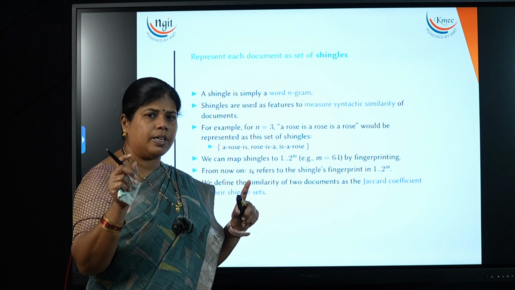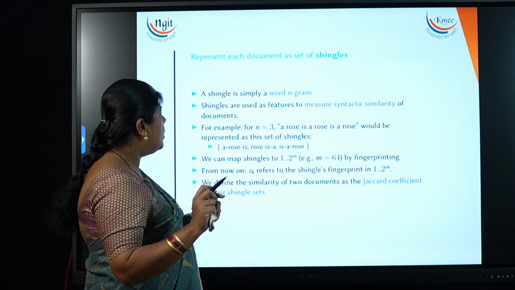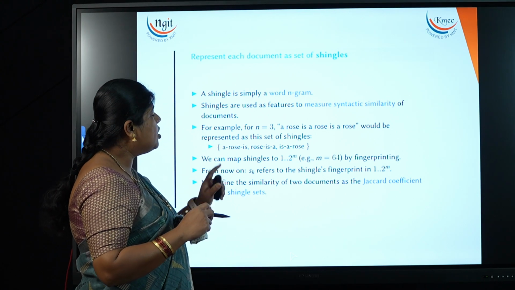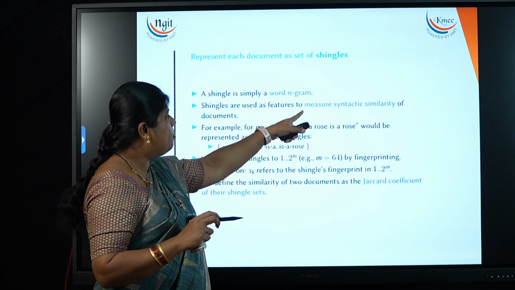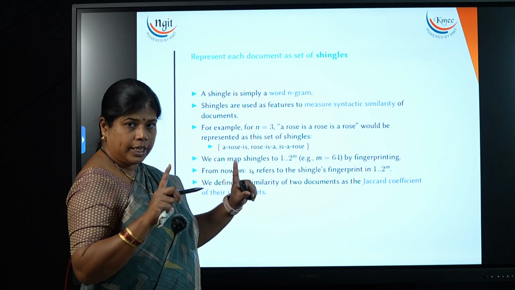If it contains one word, it is a unigram; two words, a bigram, which we have seen. Shingles are used as features to measure the syntactic similarity between these grams.